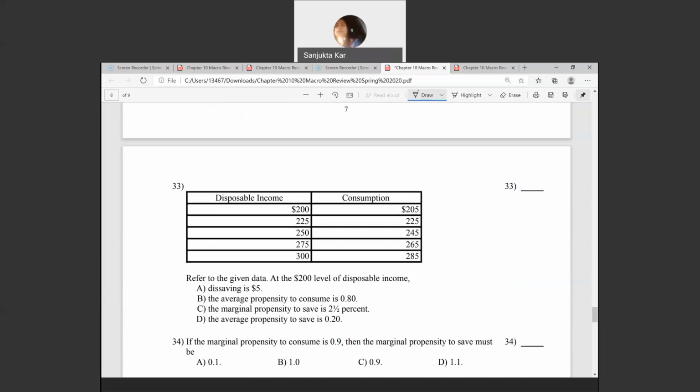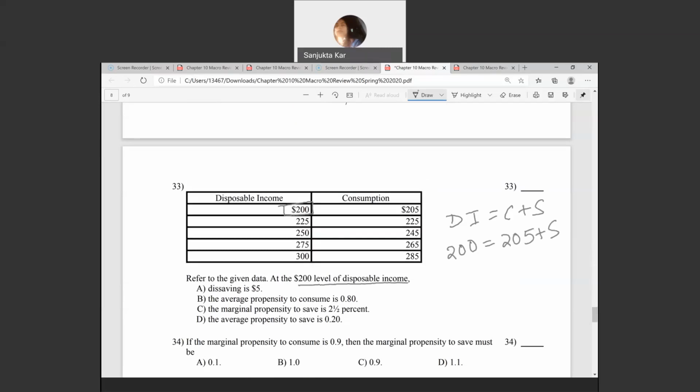Question number 33. The level of disposable income is 200. I know disposable income is consumption plus savings. Disposable income is 200. Consumption is 205.